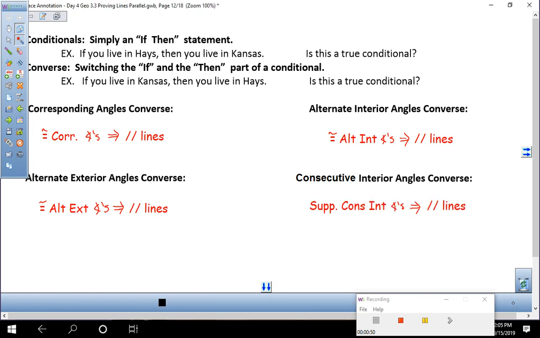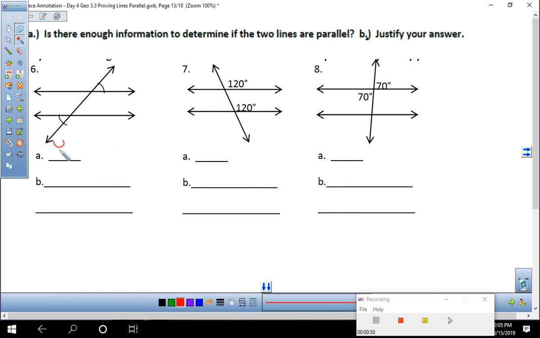So, yes, I know these are parallel, and my reason? Alternate exterior angles are congruent, which gives me parallel lines. So that's all you have to do.